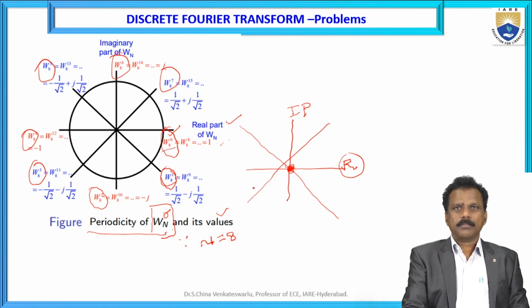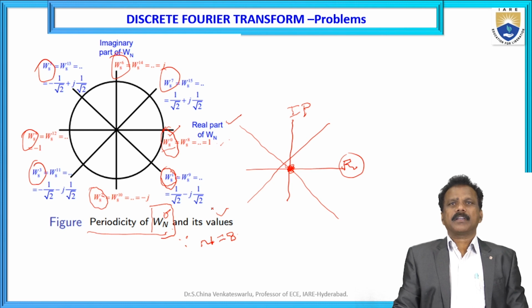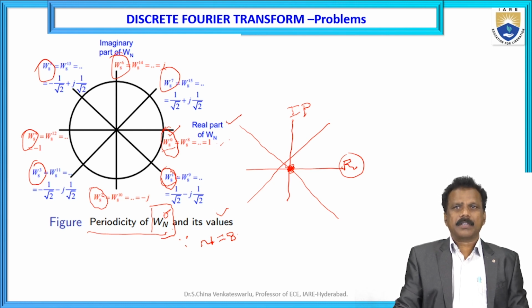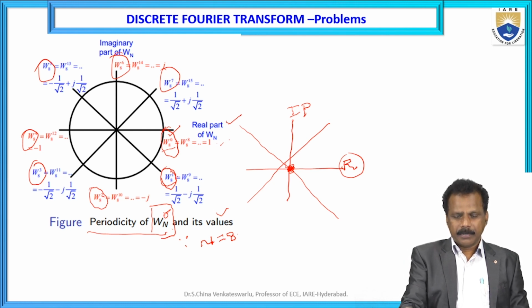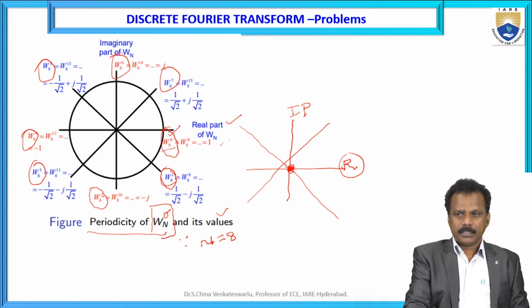Here we have to observe all the imaginary parts of Wn and real parts of Wn. Here W8^0 is equal to 1.